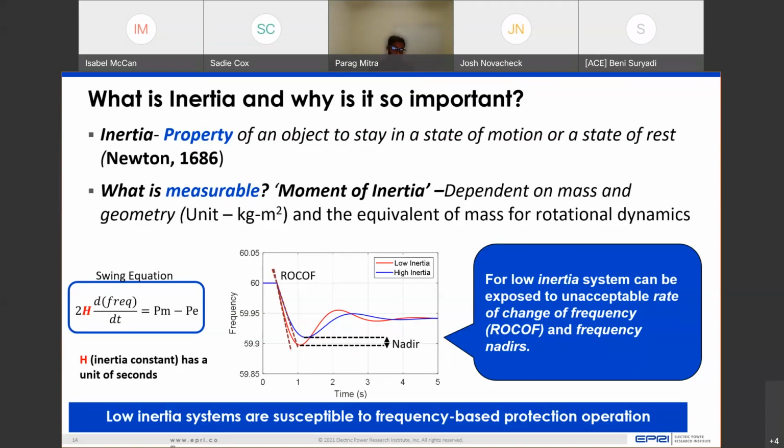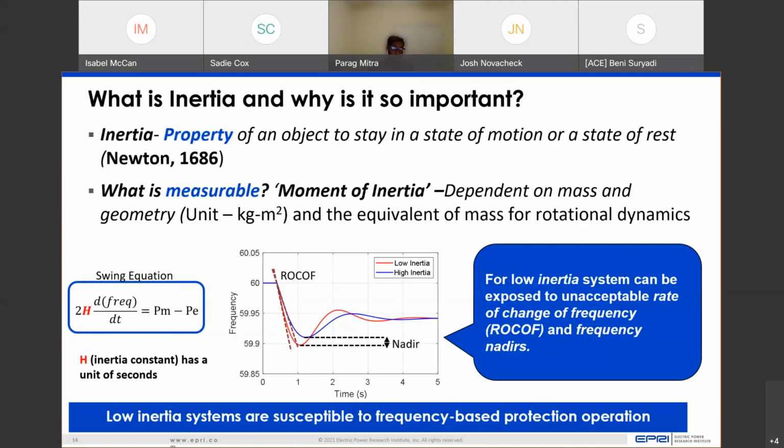Now, if we were to write down the equation of a rotating machine and do some normalization, this equation starts to look like the one in the box on the left-hand side of this slide. The term 2H, with H marked in red, is what we call the inertia constant.